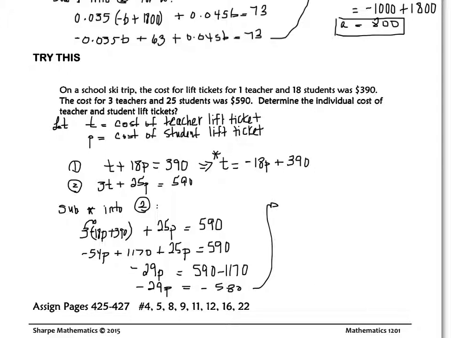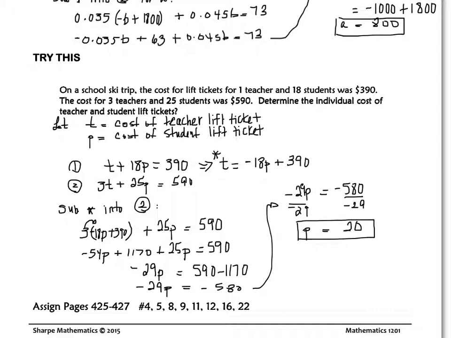So if we divide both sides now by negative 29 to get the p by itself, we get p equals 20. Negative over negative gives you a positive.